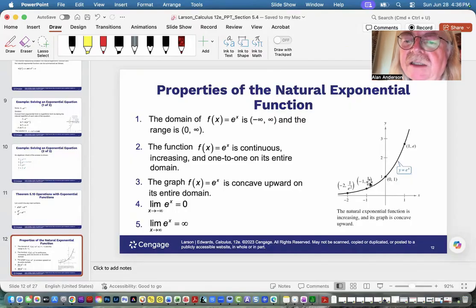And you can see by looking at the graph, as x keeps increasing, the function will grow forever. And in fact, it'll grow very quickly forever. This is a very rapidly growing function once it gets started. Once we get into the first quadrant, it starts to grow very, very quickly, like all exponential functions. Oh, here's another thing they want us to know. The function is continuous.